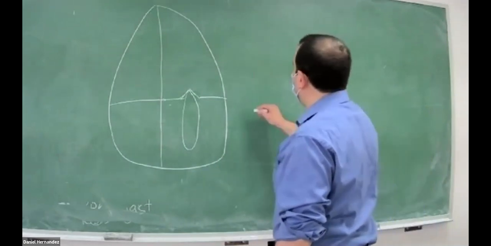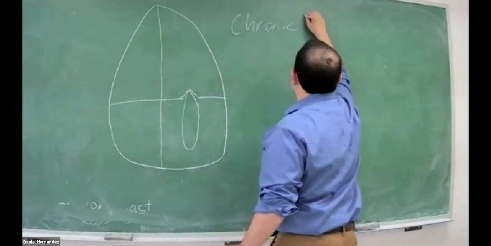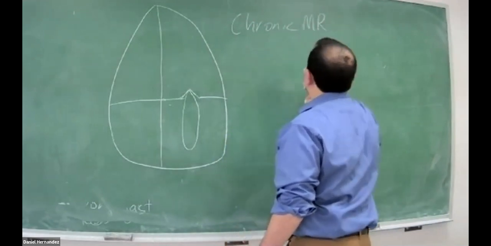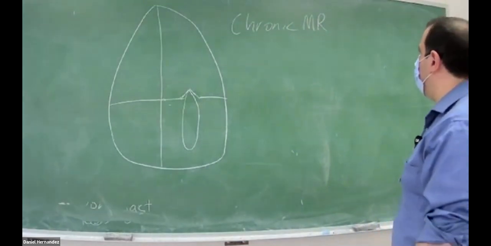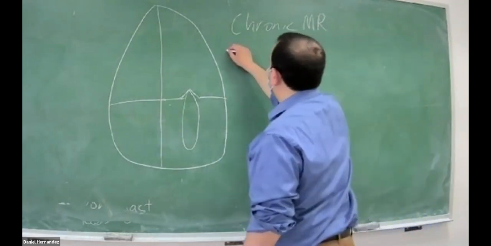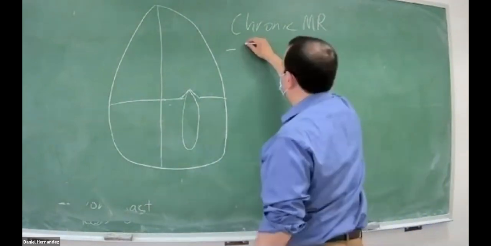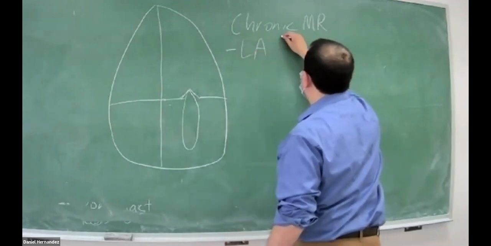So if we have chronic MR, meaning it's a slow process happening over time, this patient's had it for a long time, the heart's response is going to be left atrial dilatation.